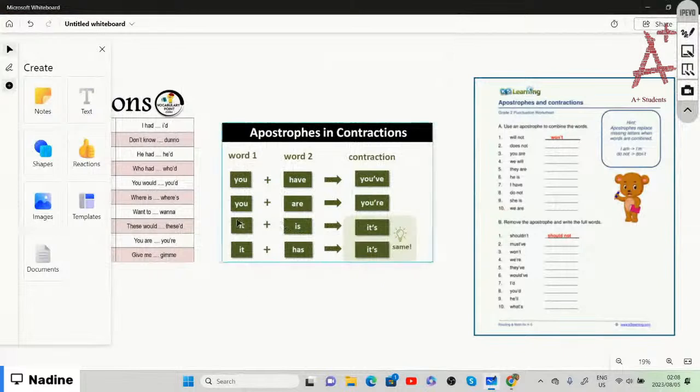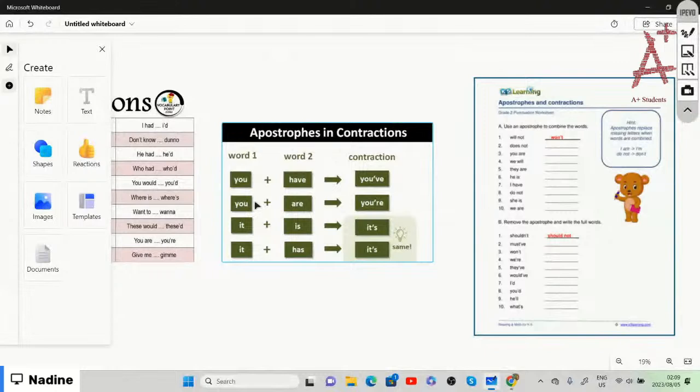Then we have it is. Instead of saying it is, we can say the contraction it's, right? So it is and it has both become it's, which is it, apostrophe, S. You're just going to have to write it within the right context and the proper sentence.